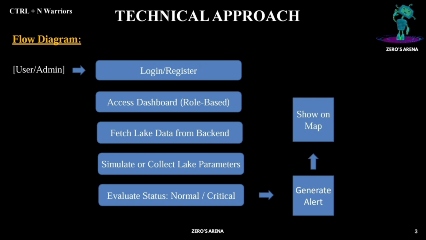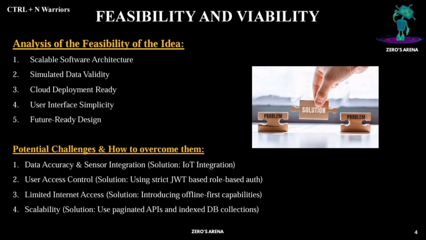And if they enter the critical state, an alert will be generated. It will be shown on the UI, as well as all the admins will receive an email from our team when an alert is generated.